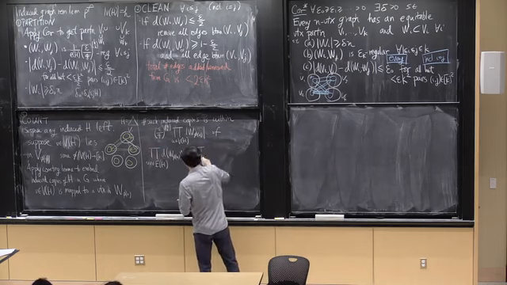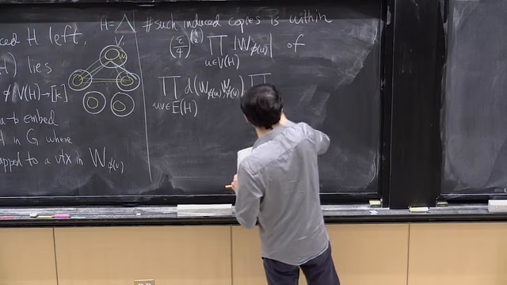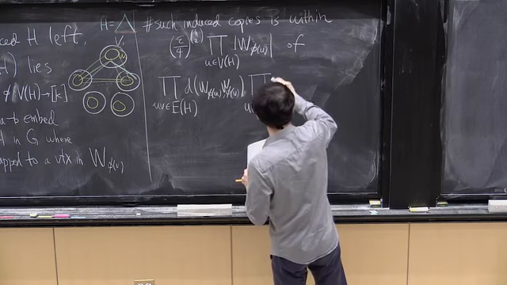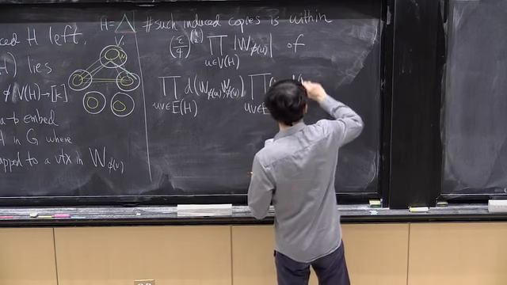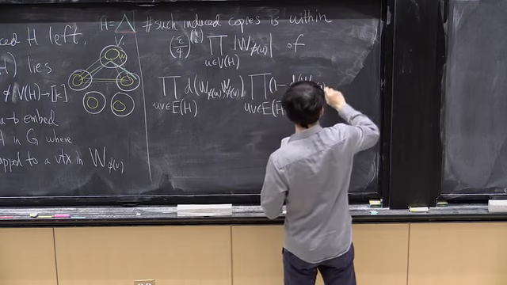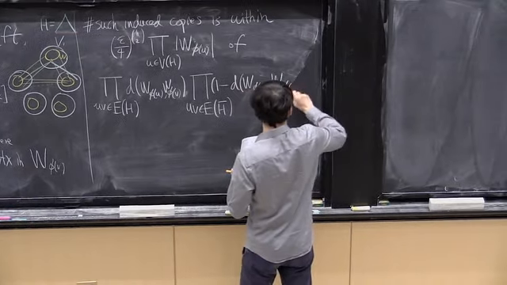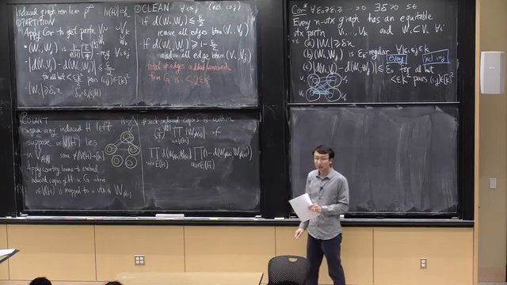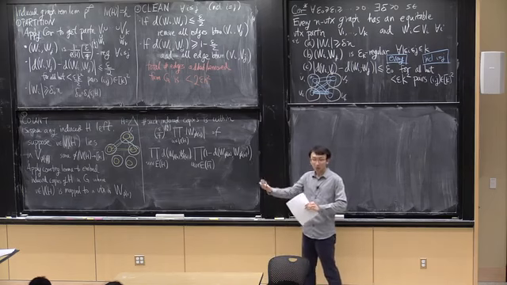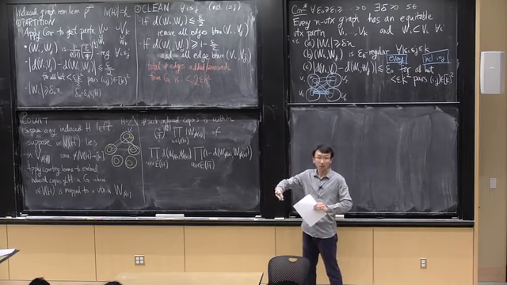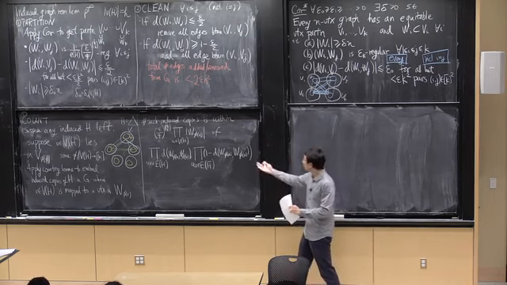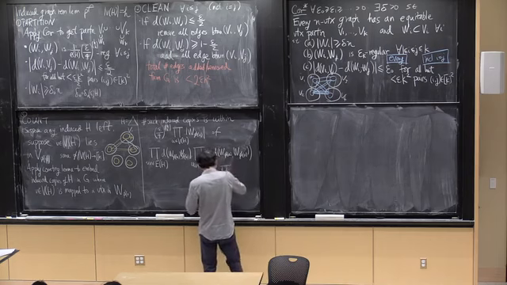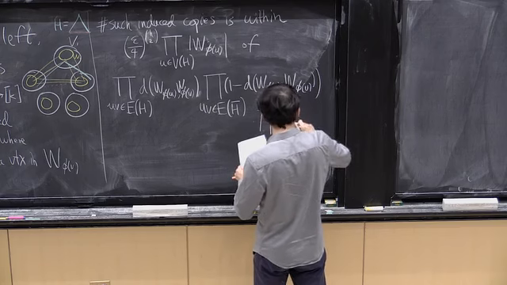And then I also need to multiply the densities for the non-edges. So 1 minus these edge densities. One way you can think of it is just consider the complement of G to get this version here. And then finally, the product of the vertex set sizes.